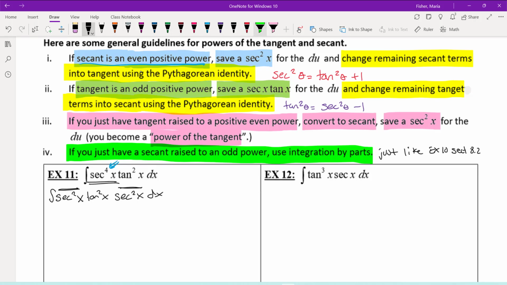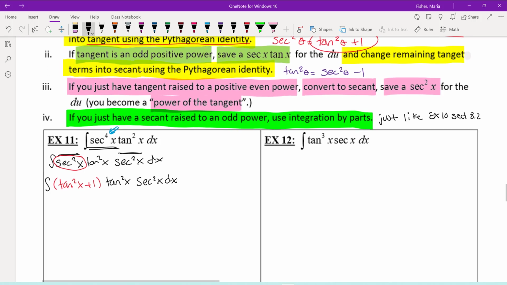Then I have to change the remaining secant terms into tangent using the Pythagorean identity. So instead of writing secant squared x, I have to write tangent squared x plus 1. And then I still write tangent squared x and secant squared x dx.